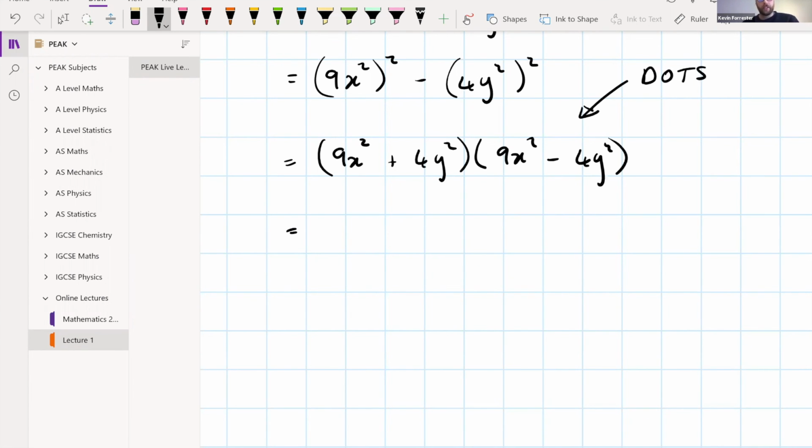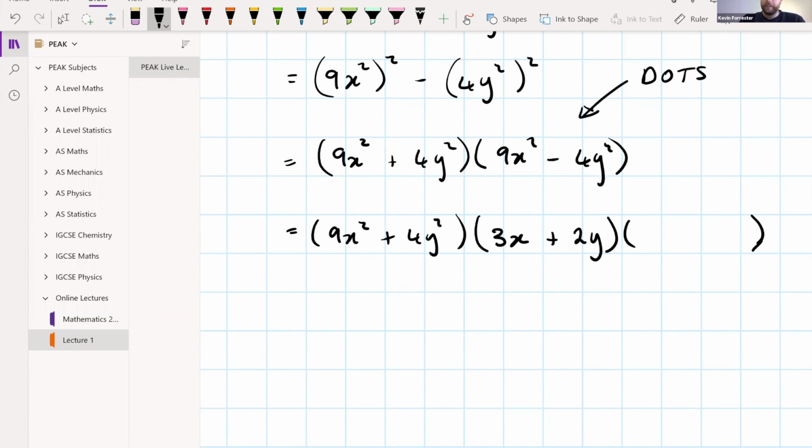So we have to factorize it further. So we write our 9x squared plus 4y squared, and then this bracket will become two more brackets, bracketception. So we're going to have 9, which is 3 squared, and x squared is 1x squared, and 4 is the same as 2 squared, so it's going to be 3x plus 2y, 3x minus 2y.